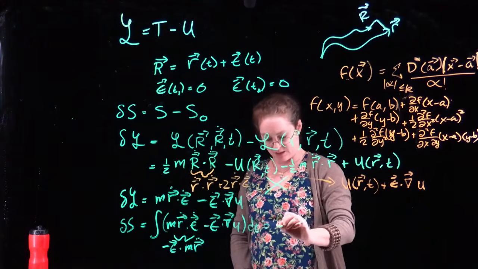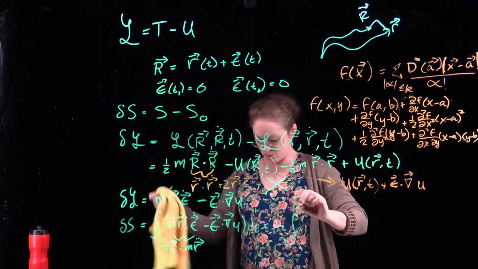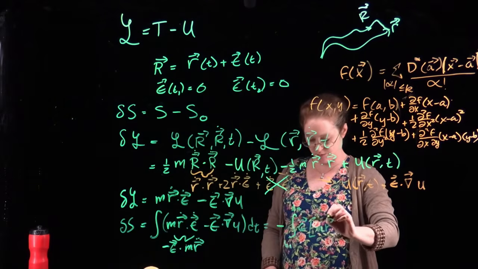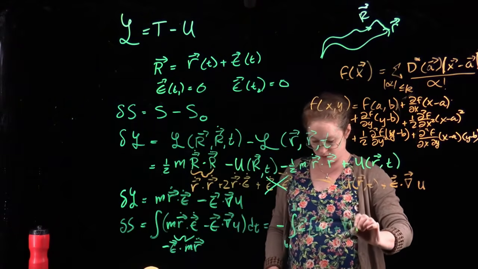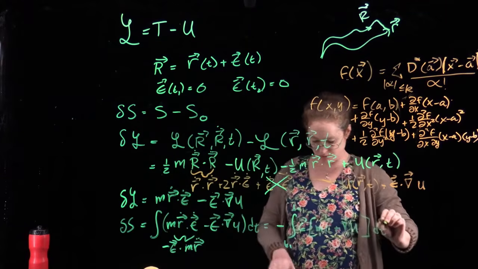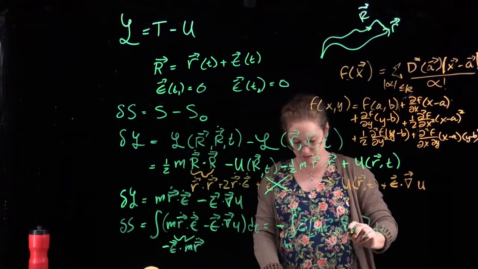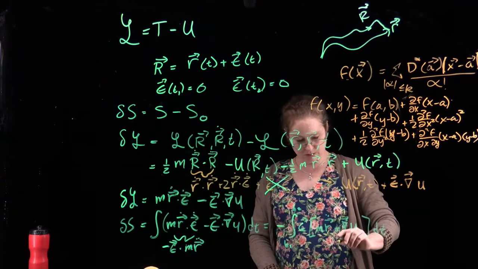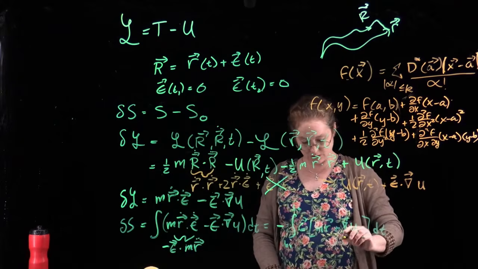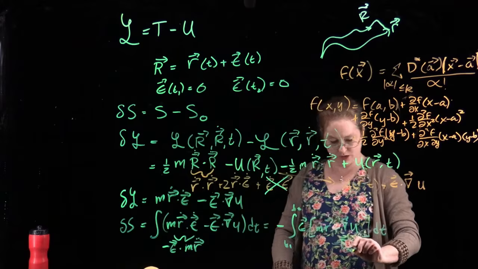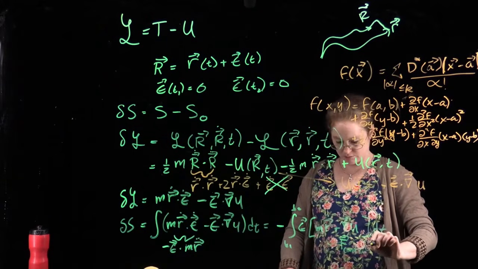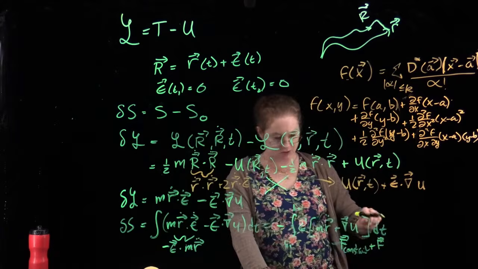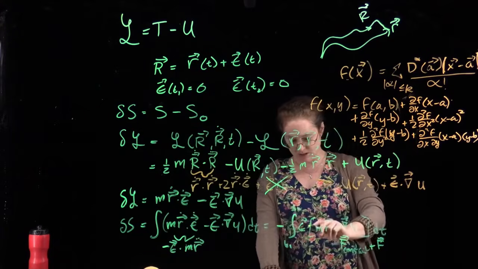I'm going to write this as negative T1, T2, epsilon, m r double dot plus grad U, dt, and this is negative, so our total force is the force from constraints plus the force from conservative terms, and the force from conservative terms is this part.